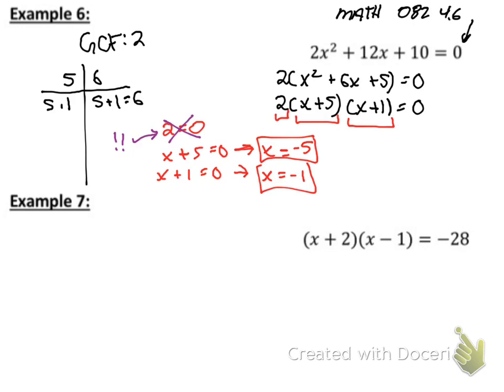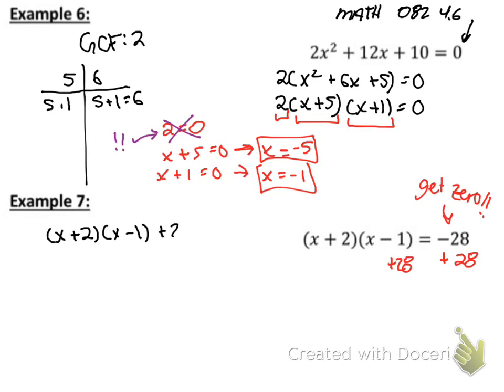In fact, the way this problem is written, they've actually created more work for us, because we have to get 0 over here. So what are we going to have to do? Well, we're going to have to add 28 to both sides. So we're going to have x plus 2 times the quantity x minus 1, all of that plus 28 equals 0.